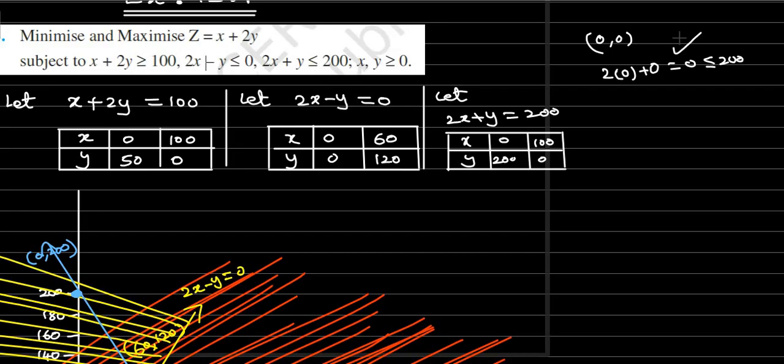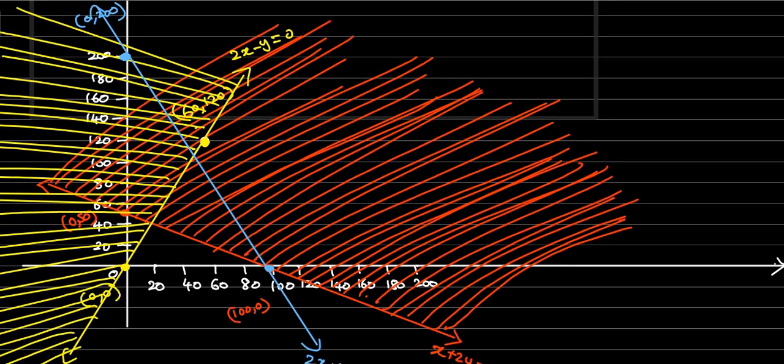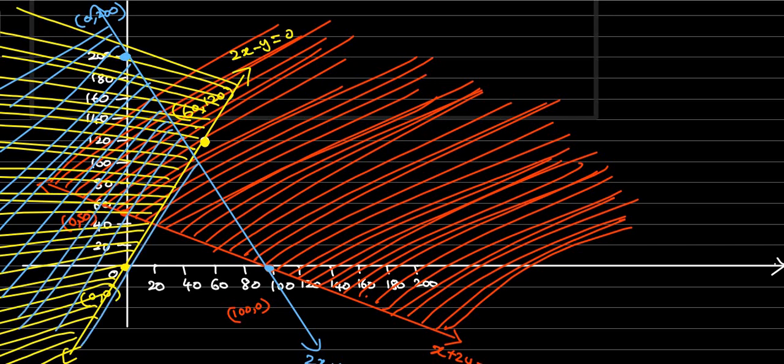The condition is satisfied. So for the third inequality, we have the solution on this side.